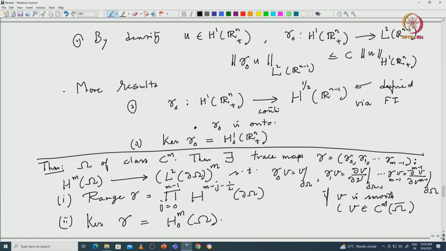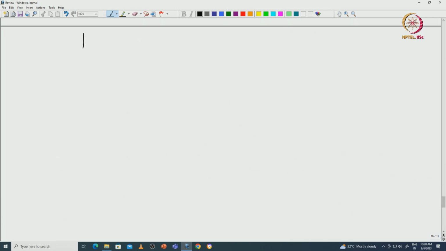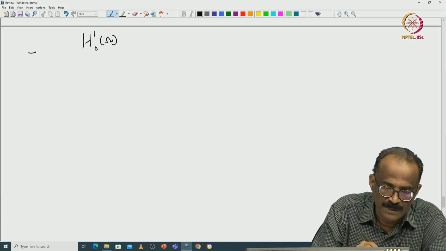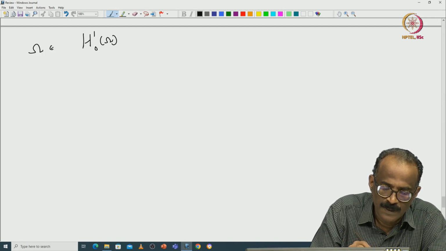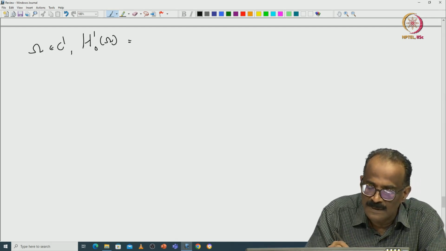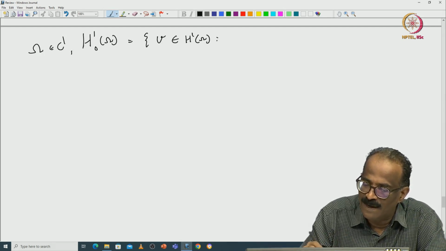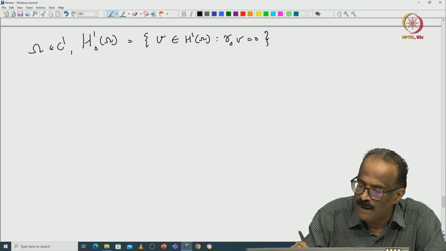So, in particular, H1 naught of omega is nothing but the set of all v in H1 of omega such that gamma naught of v equals 0.